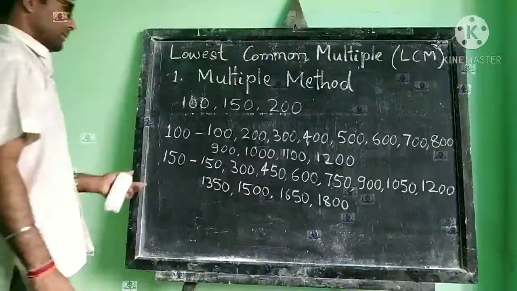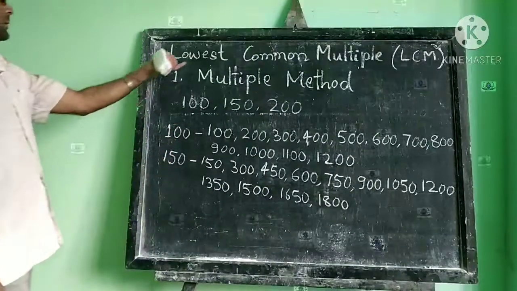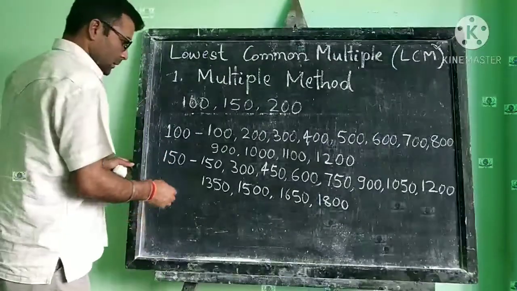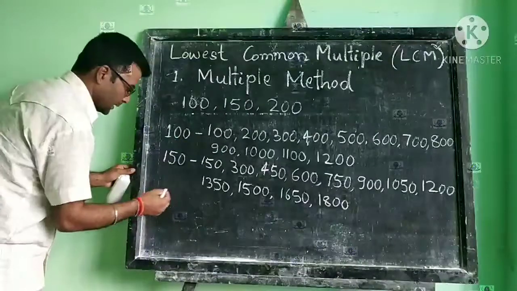Up to 12 we can take first, because we have to find the lowest common multiple.